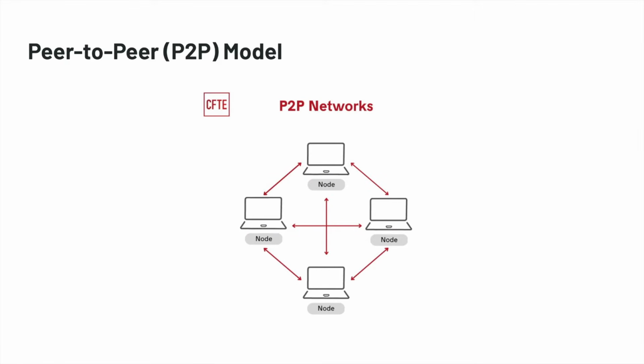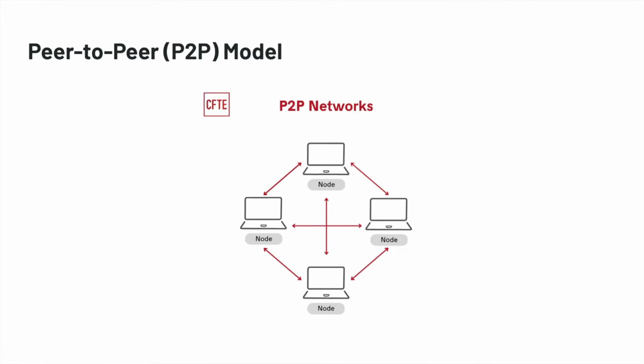This stands in contrast to our next network paradigm, which is the peer-to-peer model. Now, peer-to-peer networks stand in contrast to client-server networks in the fact that there's no centralized server. So if this was a client-server network, then you'd have one centralized server right here, and all of these would connect to it. But it's not, so we don't have that. Instead, every node, so every computer in a peer-to-peer network, is connected to every other computer.